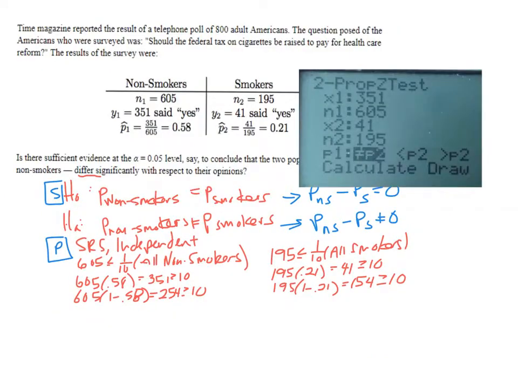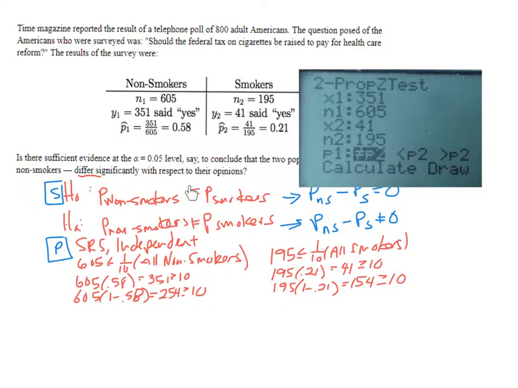So let's do the do portion of this. Okay, so you can see here, we'll go into our test menu to two proportion z test, and we'll put in our two proportions. Now, I should just say, we had it a little bit easy here in that we are doing a not equal to. Make sure that when you set up your proportions in your null, they face the way you want.